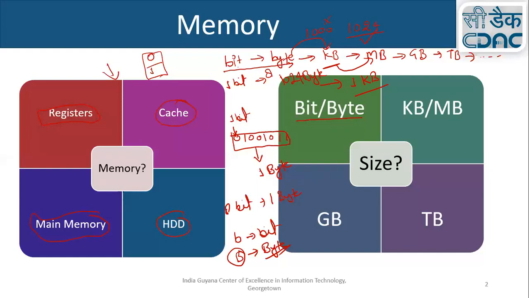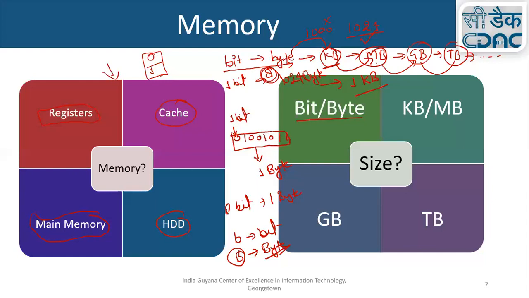So 1024 kilobytes equals 1 megabyte. 1024 megabytes means 1 gigabyte. And 1024 gigabytes means 1 terabyte. Only at the bit to byte place is this number 8. Otherwise, it's just 1024.